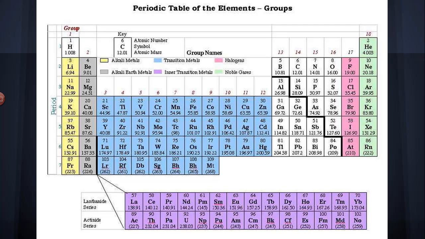Now, of the metals, we have this group in the middle. These elements, these metals, are called transition metals, and they are perhaps among the most interesting elements on the periodic table. Most of the elements, the way they're arranged, allow us to develop some rules to determine their behavior. The transition metals tend to break those rules.